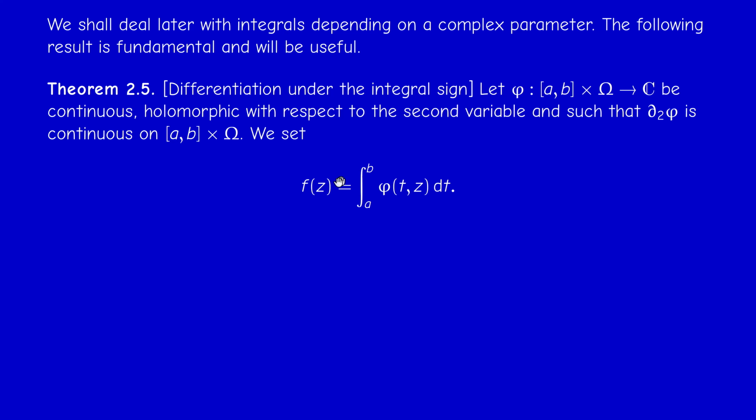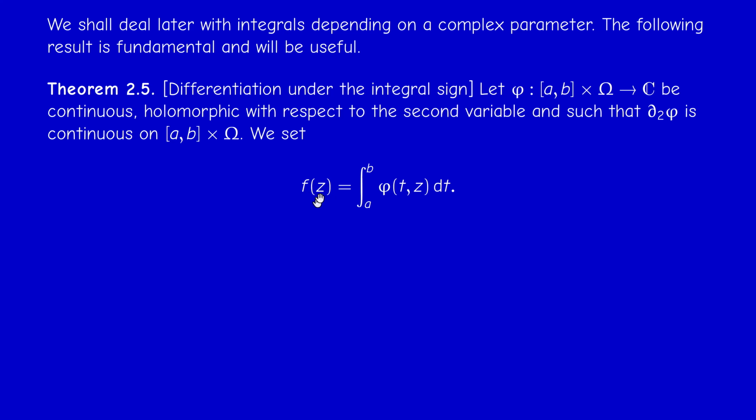I have an integral depending on a parameter, but the parameter is a complex variable that varies in an open set omega. And the variable of integration is just a real variable on an interval AB. So when I integrate with respect to t, the result doesn't depend on t, but depends on the parameter z.